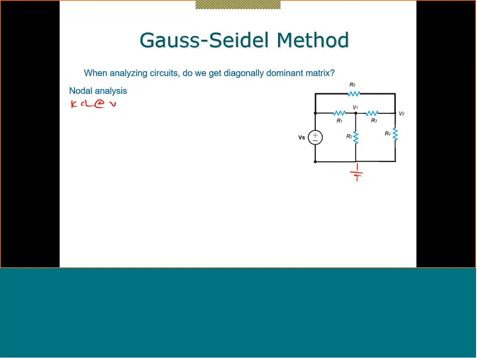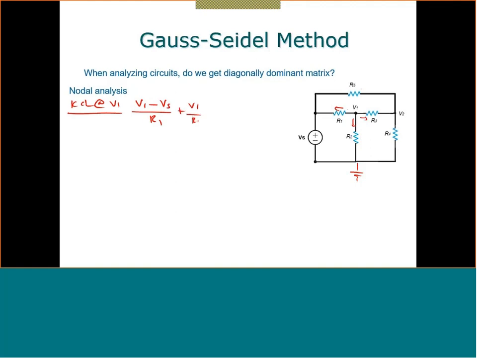This is just a good refresher for you, but I will try to link the nodal analysis with the numerical, which I think is very important, so that the course will not be dry. Minus Vs divided by R1 plus V1 over R2 plus V1 minus V2 divided by R3 equal to 0.